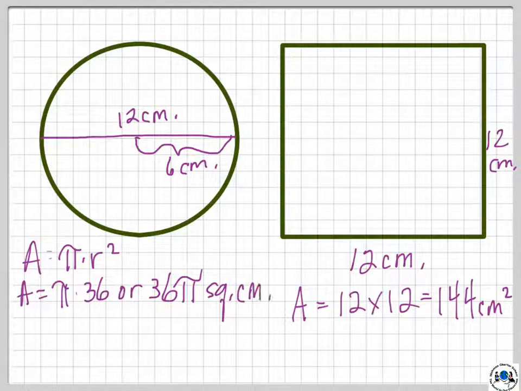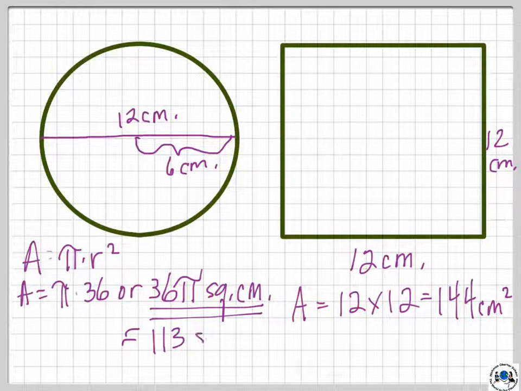Or if you just did the multiplication all the way, you would have multiplied 36 times pi. Probably the way to know what they're asking for is if they had actually mentioned, like, use 3.14 as pi, or use 22/7 as pi. In this case, they didn't ask you to do any of that, so this would have been an acceptable answer. But let me go ahead and write the answer down if you had done the multiplication. That would have been approximately 113 square centimeters.